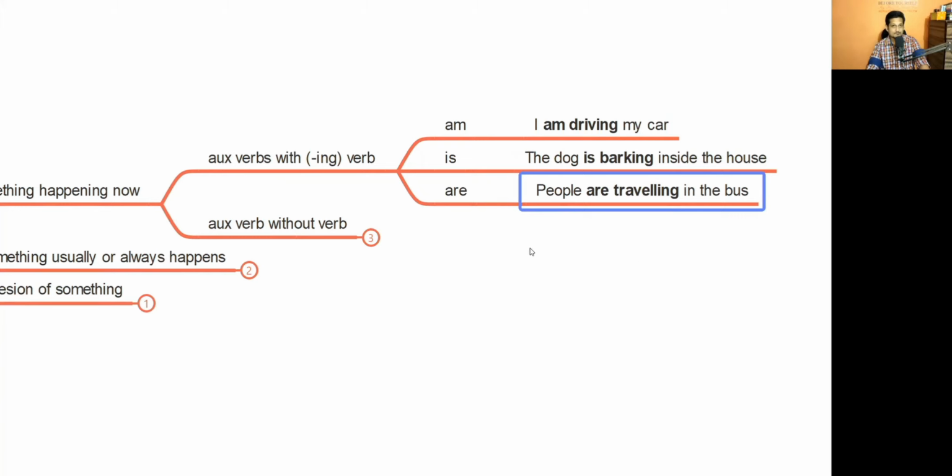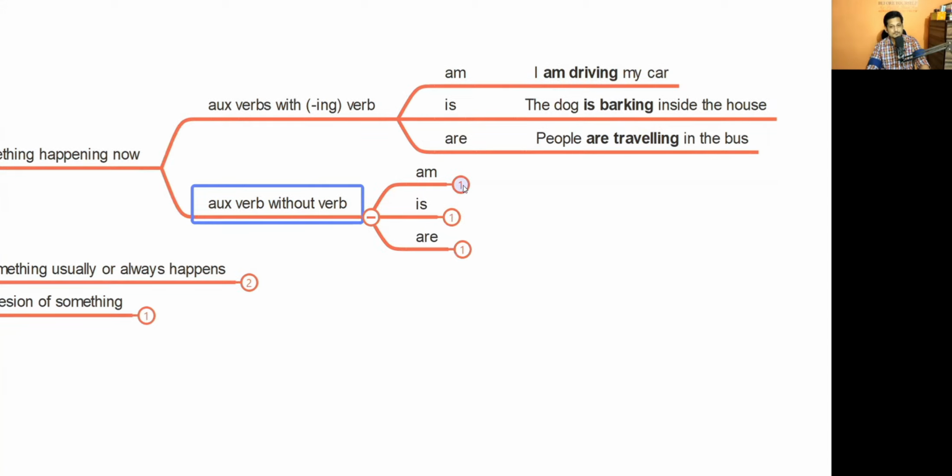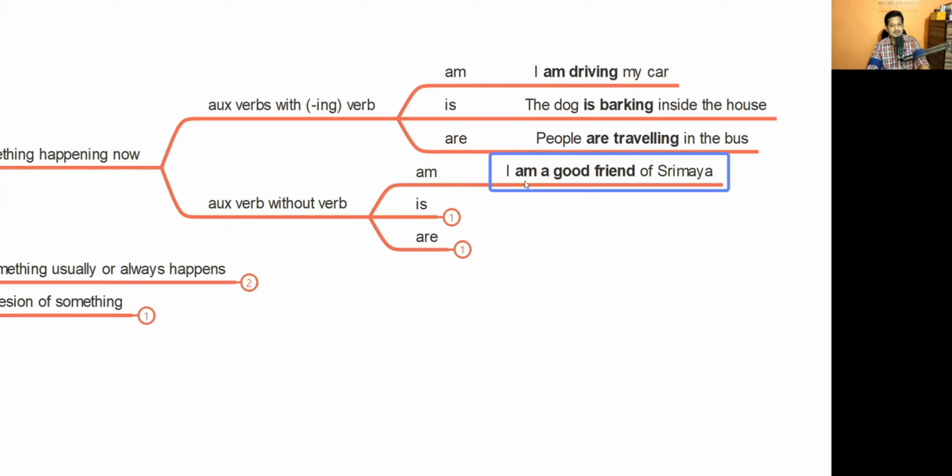They're going somewhere. Let's talk about how we can describe the present time without using a verb. For example, you will say, I am a good friend of Shrime. There is no verb here, but it is something which is happening.